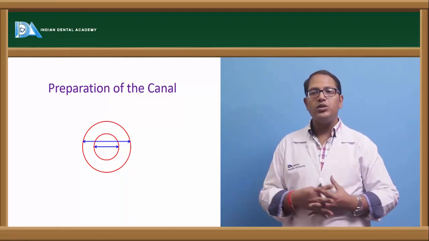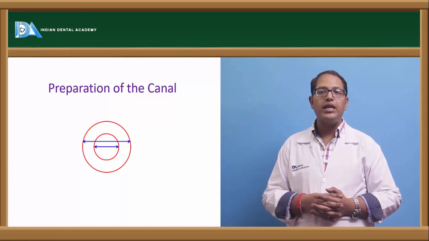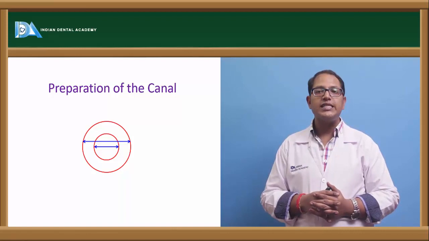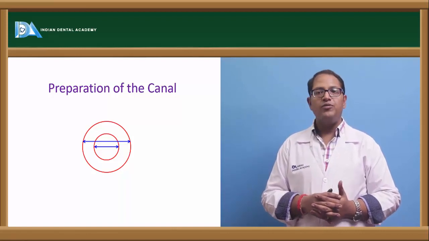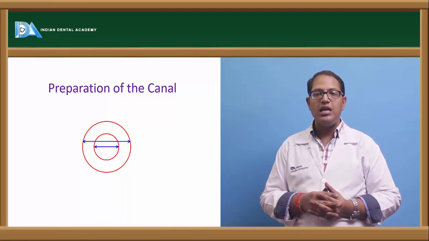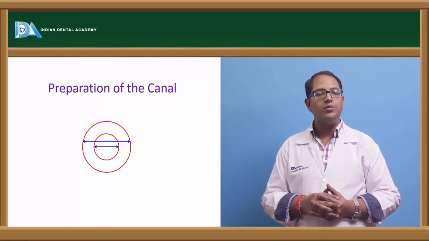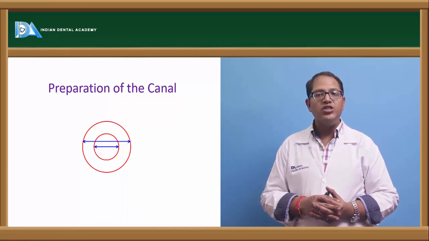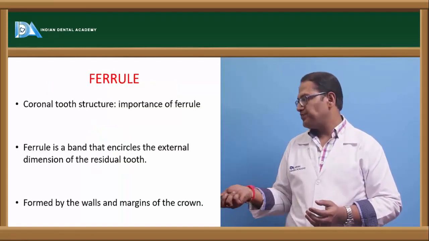The purpose is to remove the undercuts and prepare the canal to receive an appropriately sized post without excessively enlarging the canal. Before starting canal preparation, remove any existing restoration, caries, bases, and thin or unsupported walls of the tooth structure, preserving as much tooth structure as possible.